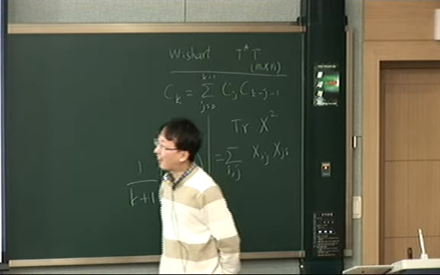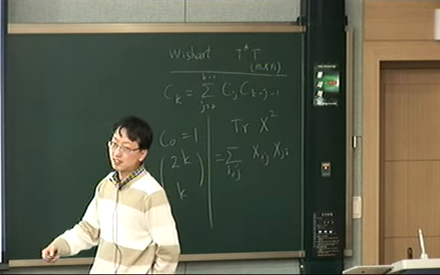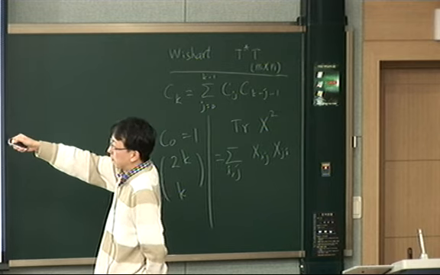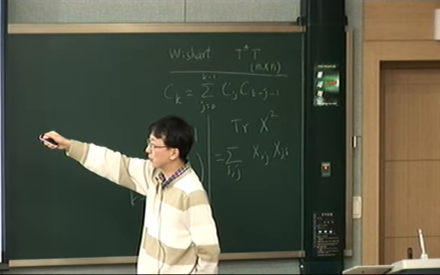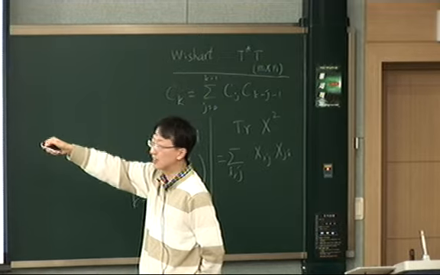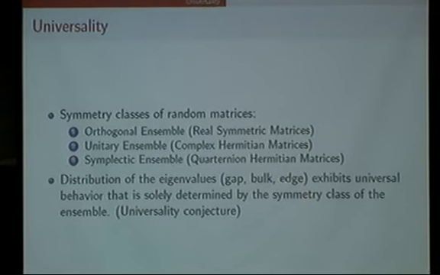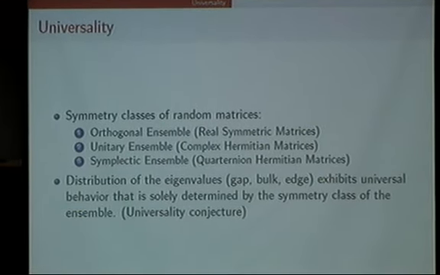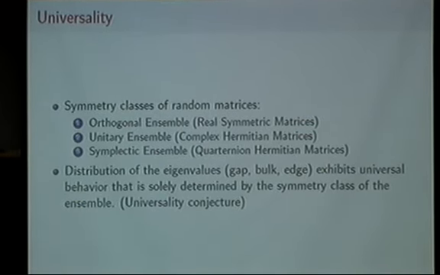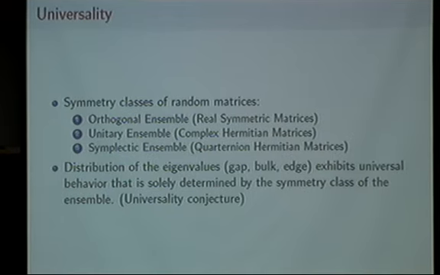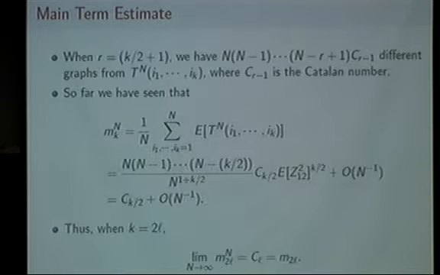But in any case, we want to prove the laws of the distribution of the eigenvalues, the gap, the bulk, or the edge. The gap can have different meanings. The bulk is the sine kernel, but for the edge, you can do a similar thing, but instead of using the sine kernel, you put two eigenvalues.